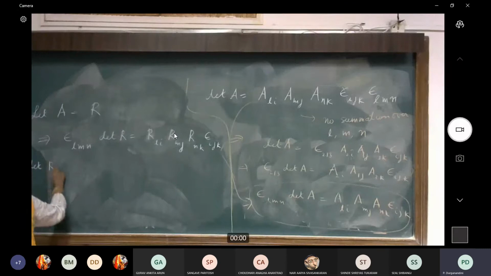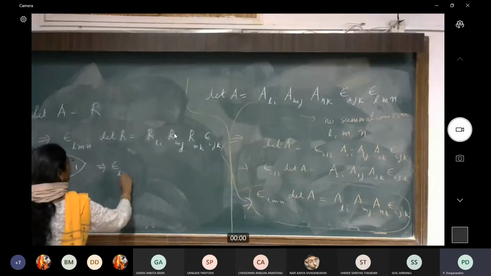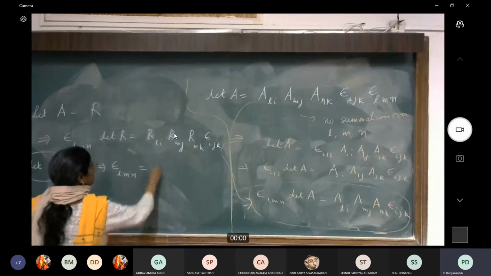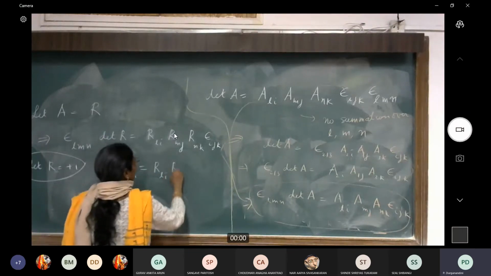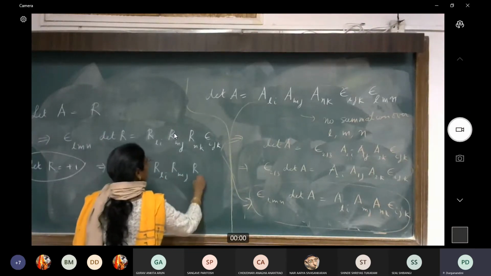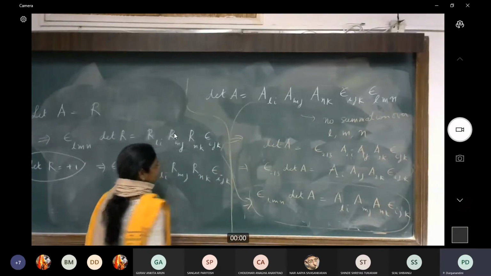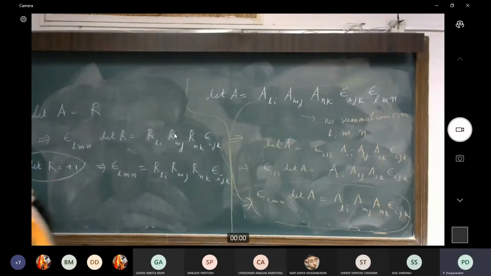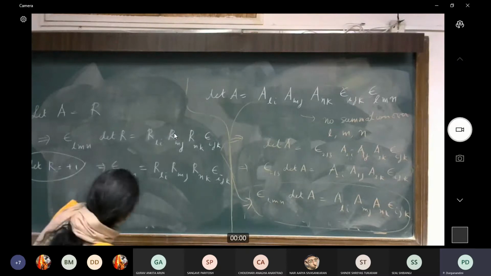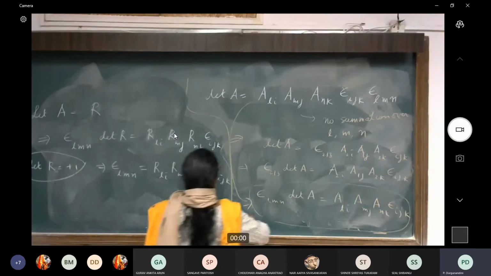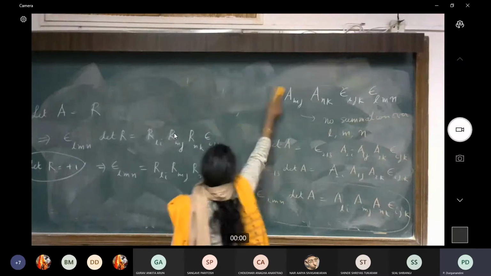So when determinant R equals plus 1, what this tells me is that epsilon_LMN equals R_LI, R_MJ, R_NK, epsilon_IJK. I get this identity here. Okay. So what we have therefore got is this identity for the epsilon object, for the Levi-Civita symbol.